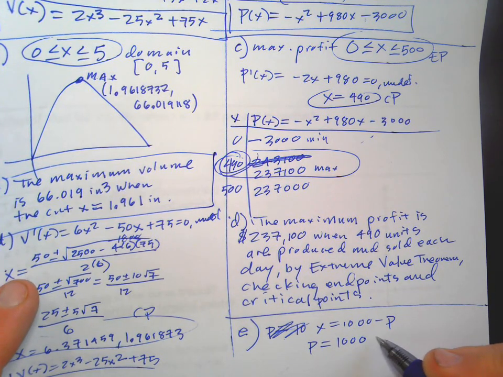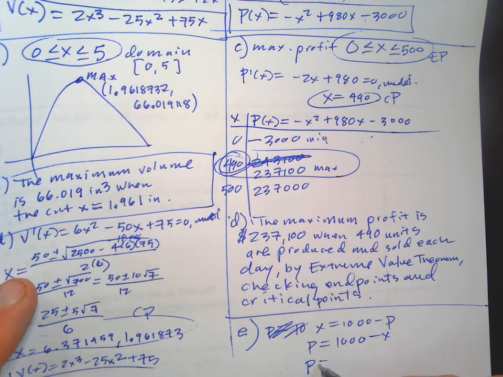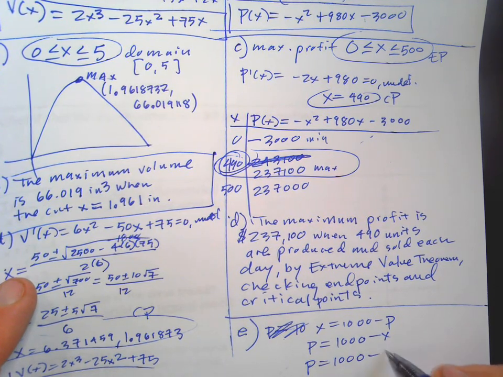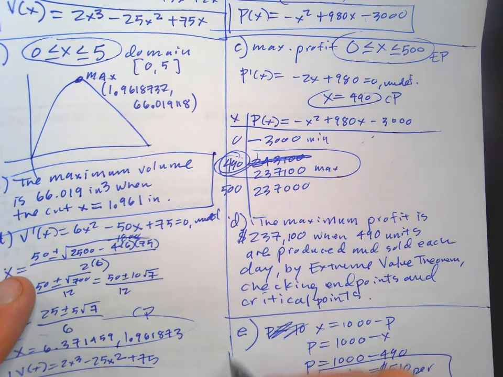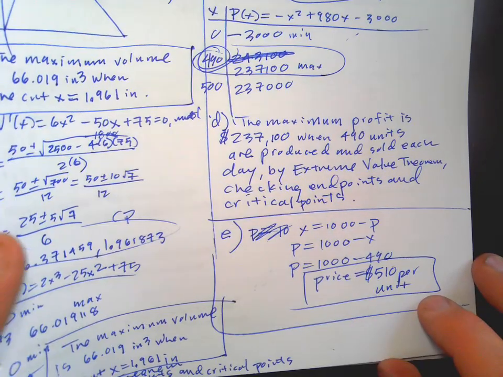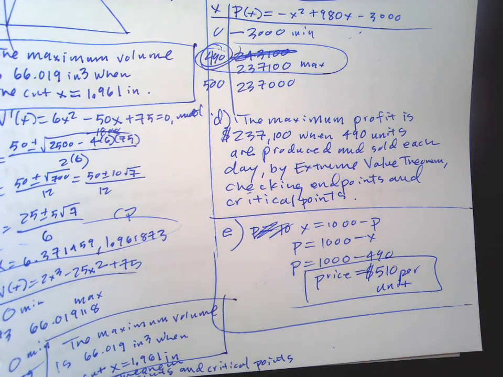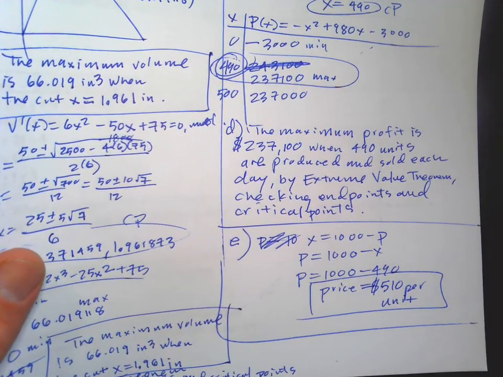So price is 1,000 minus X. For us, that's 1,000 minus 490. So the price is going to equal $510 per unit. There you go, all done. Some tough, heavy problems.